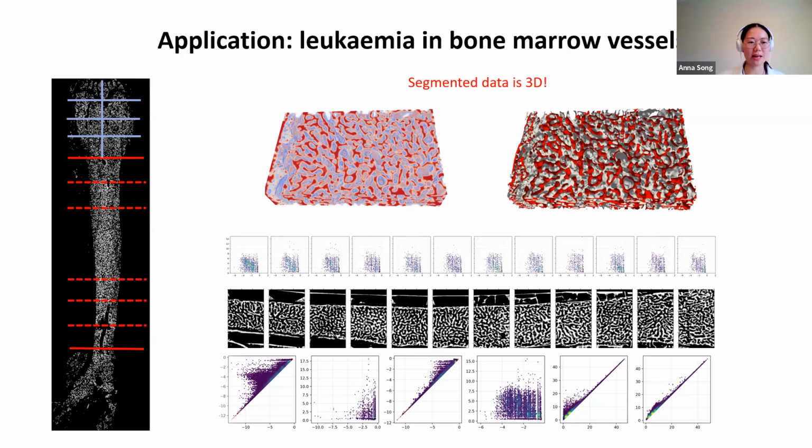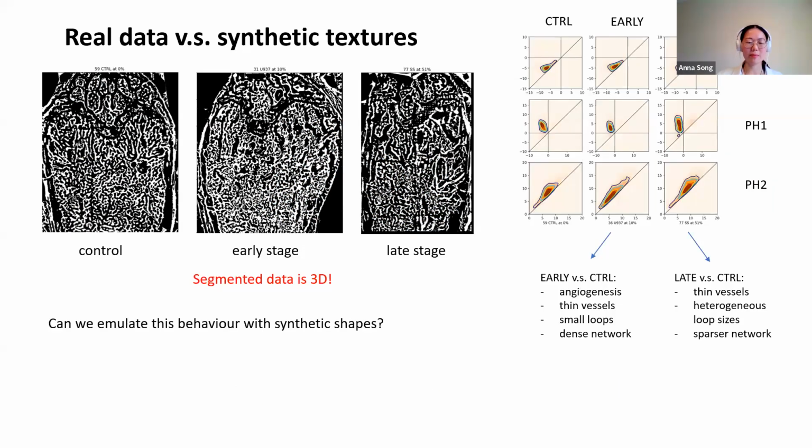So just to be able to exploit them was in itself quite a challenge. So I segmented these shapes and computed diagrams on them. And here I'm showing 3 examples where you have a control sample, no disease, a sample at the early stage of engraftment, and one at the later stage of engraftment.